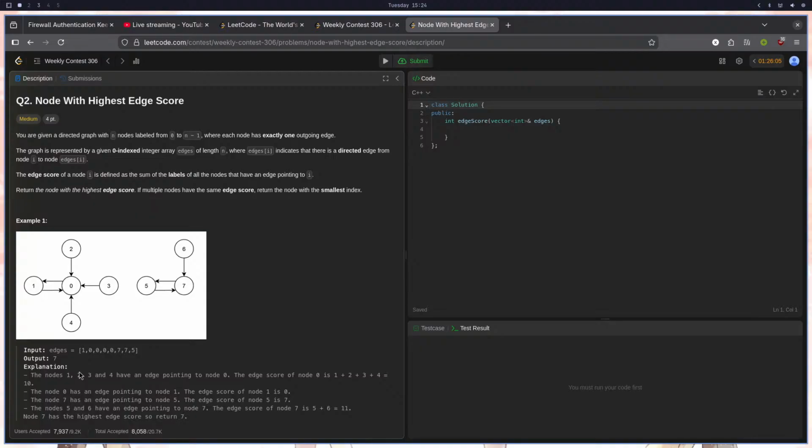The graph is represented by a 0-indexed integer array edges of length n, where edges of i is the node i points to. Okay, the edge score of a node i is defined as the sum of the labels of all the nodes that have an edge pointing to i. Okay.